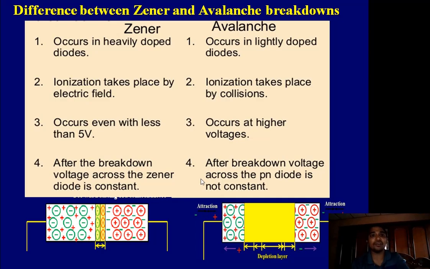Next, these two will collide with other covalent bonds and produce 2 more, then 4 more. This is like carrier multiplication. When you further increase the voltage, this multiplication will increase. At a certain point, this carrier multiplication becomes an avalanche, it is huge.